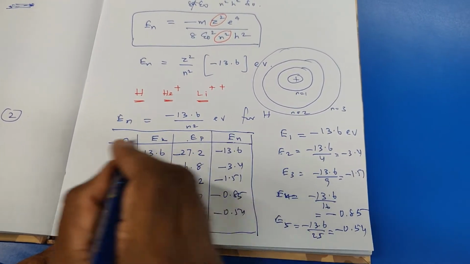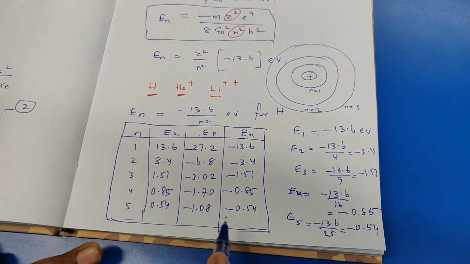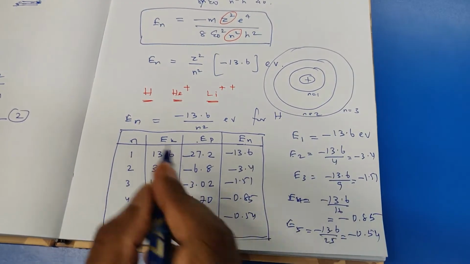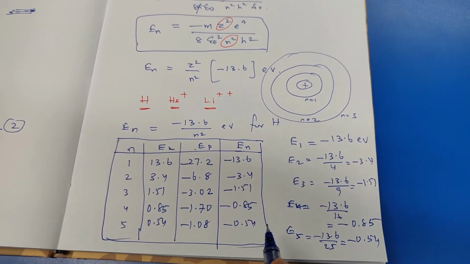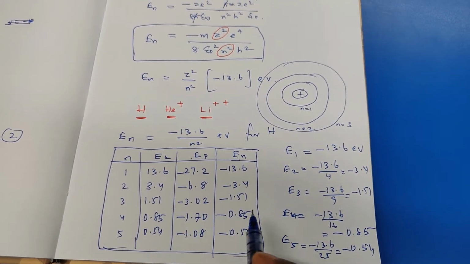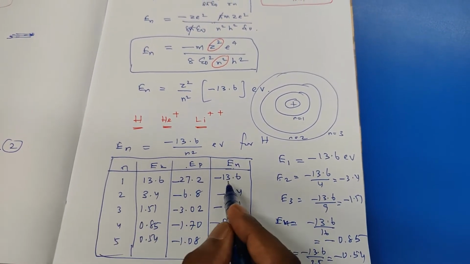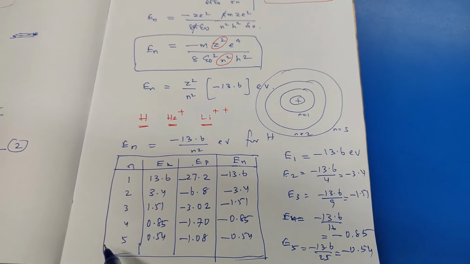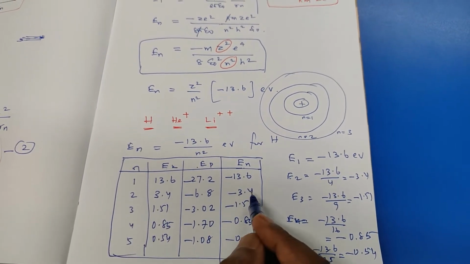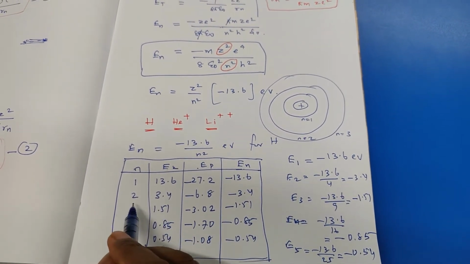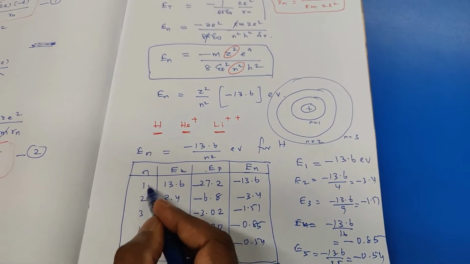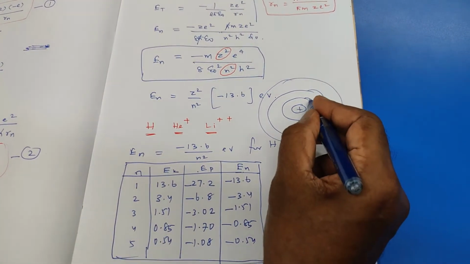So you should remember all these values and you should know how it is calculated. Okay, supposing if the question is, what is the energy of the electron in the first orbit? Minus 13.6. What is the total energy of the electron in the second orbit? Minus 3.4. This second orbit itself can be called the first excited state. The electron normally is here.